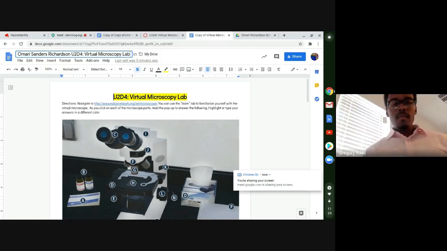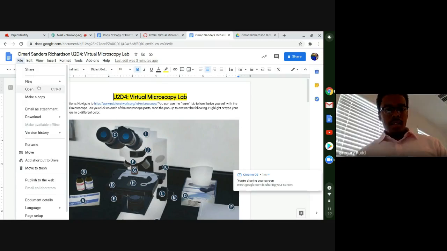Good. Now, if you click on File, you see it says Move. Click on it.